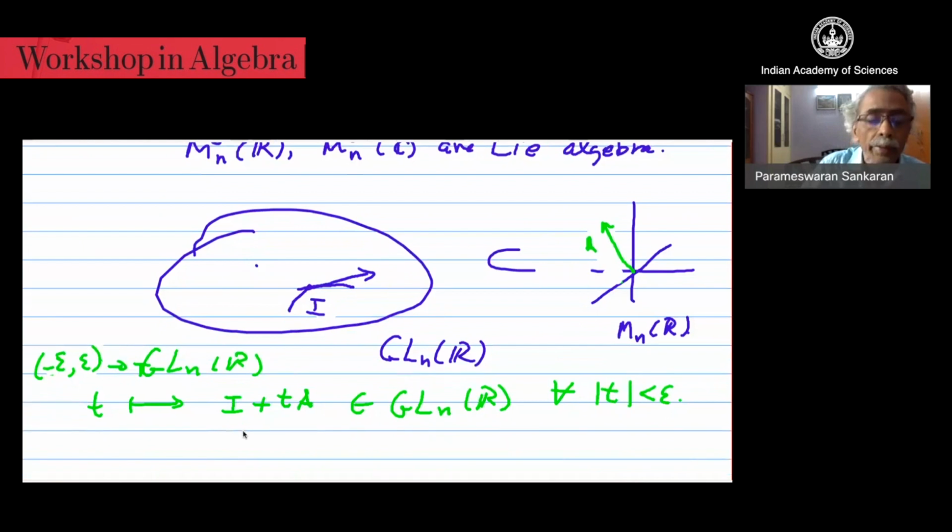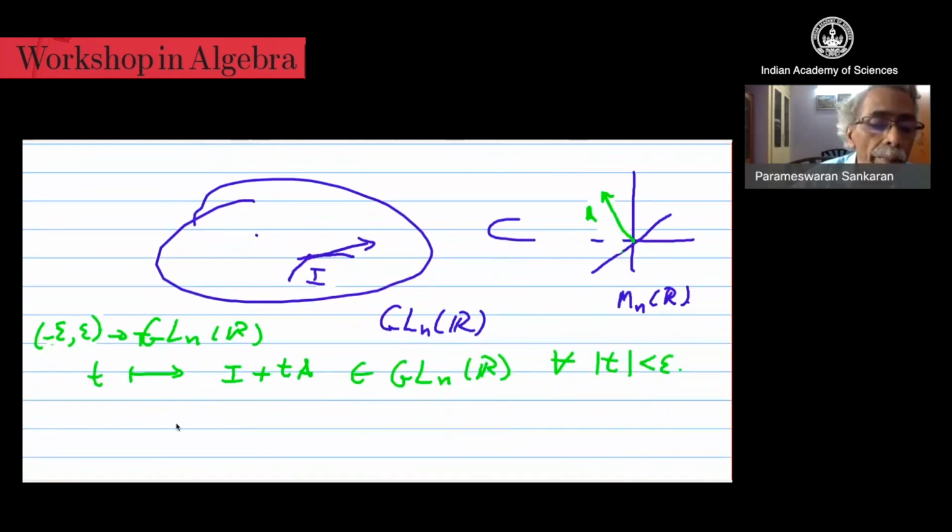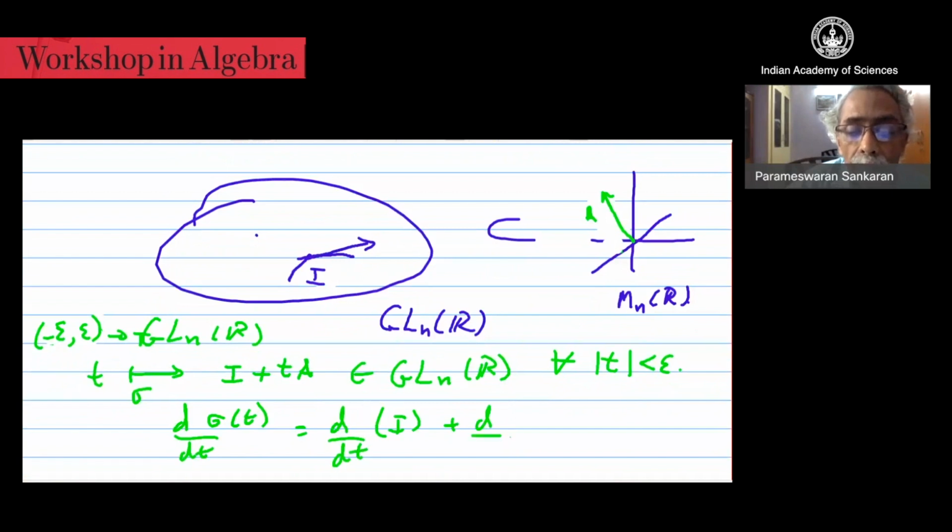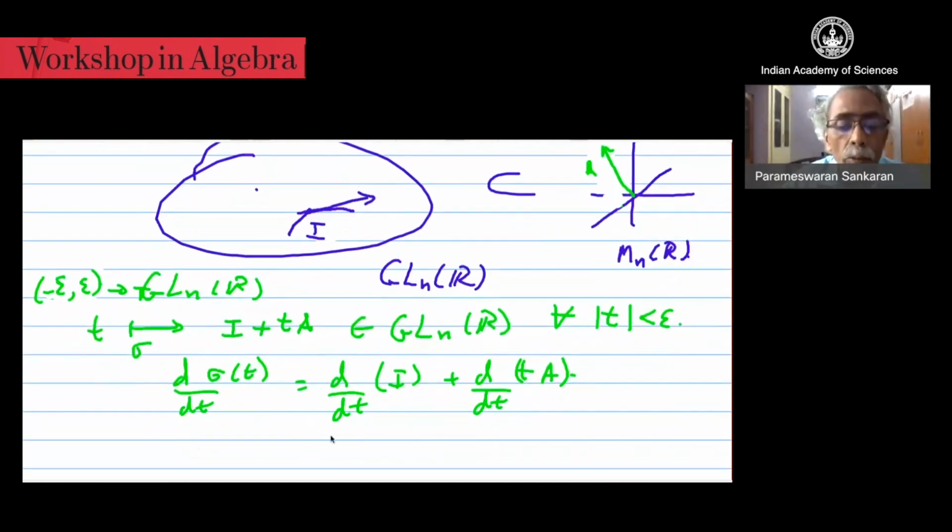Now you take the derivative d by dt of this curve, sigma of t. What is it? D by dt of I, the constant matrix, plus d by dt of t times A. Now this constant matrix has derivative 0, so this is 0.